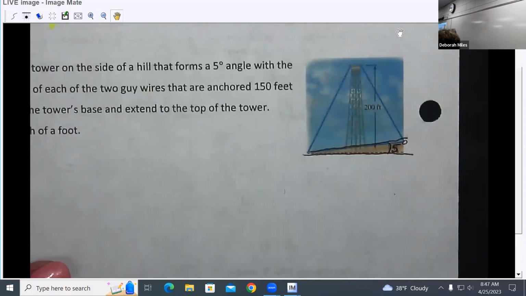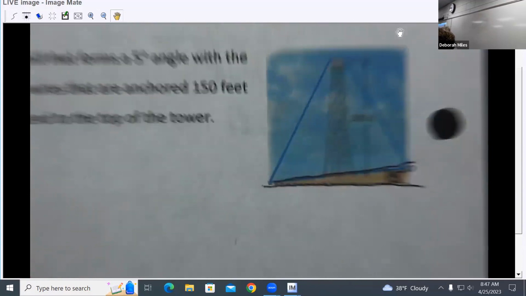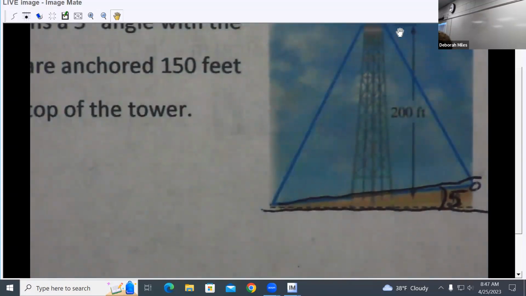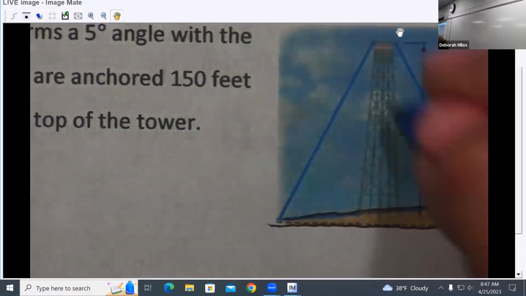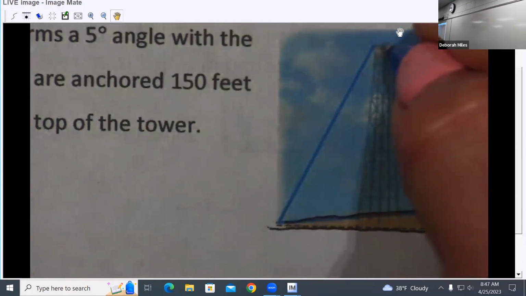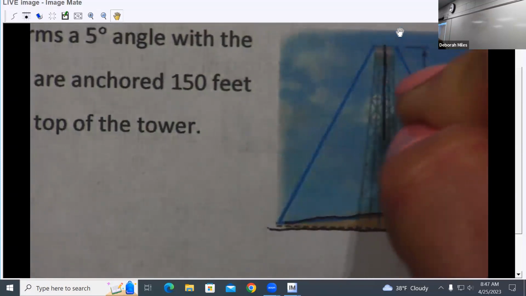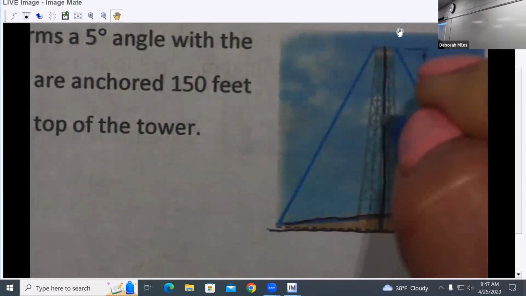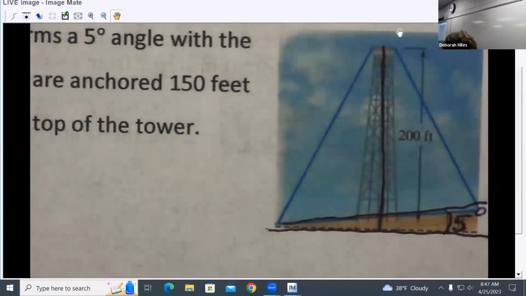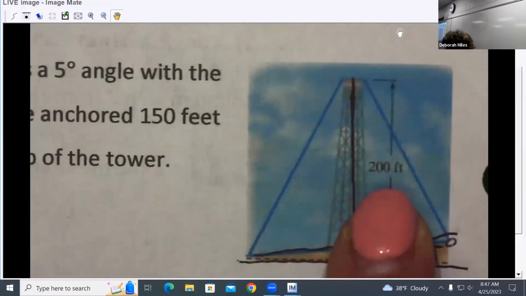The hill makes an angle of 5 degrees with the horizontal. There is a tower on the side of that hill. I'm just going to draw in the center of that tower down to the horizontal. And the tower's 200 feet. I labeled that for you.